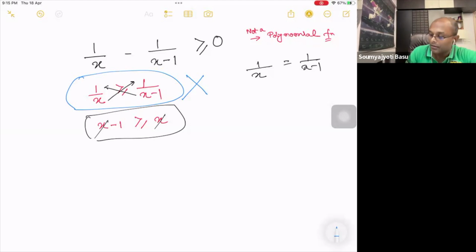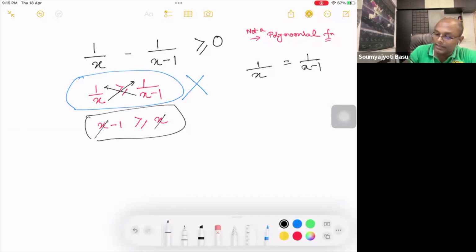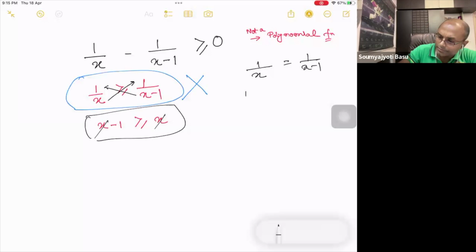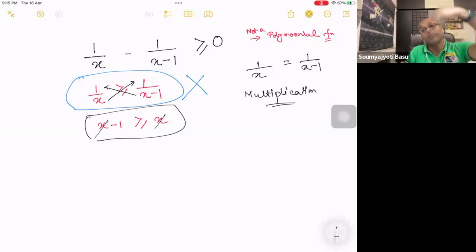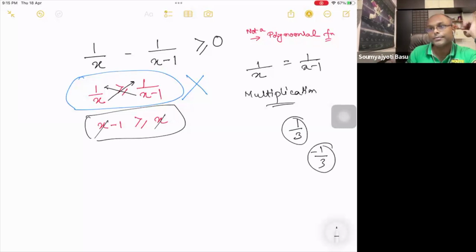Why? Cross multiplication is a multiplication. In the previous problem, we had seen that minus 3 or before that plus 3, you are removing it. Removing it means what? You are basically multiplying by 1 by 3 or minus 1 by 3. And what was the implication? The sign of the inequality was changing if it was a negative.